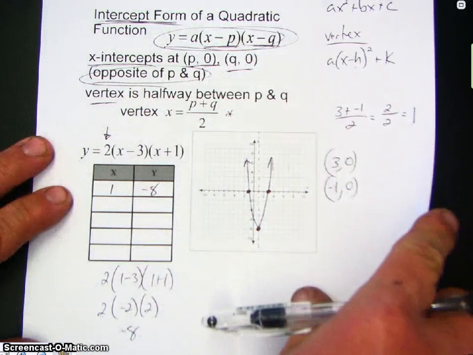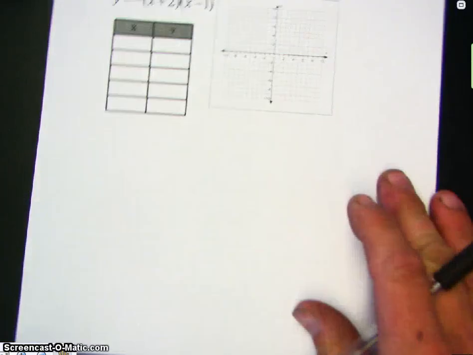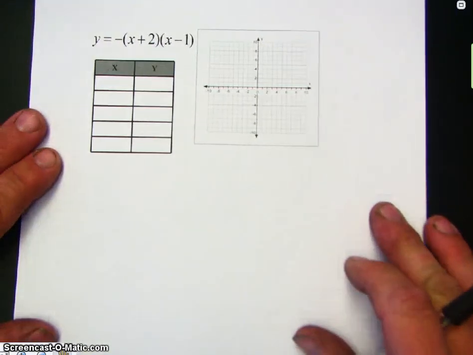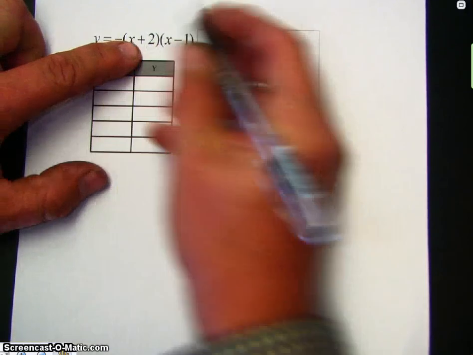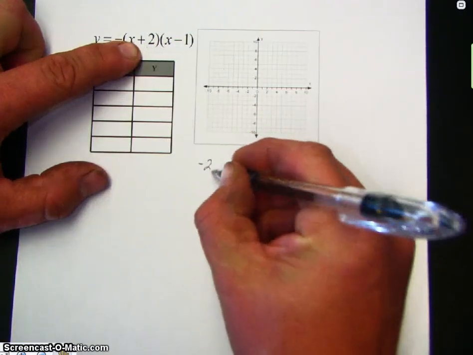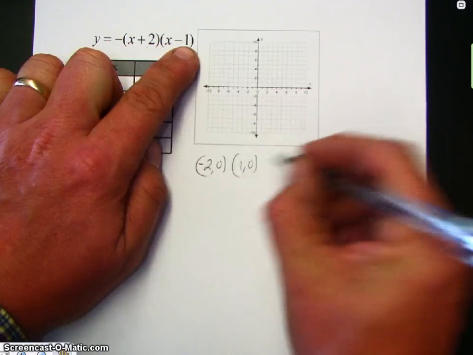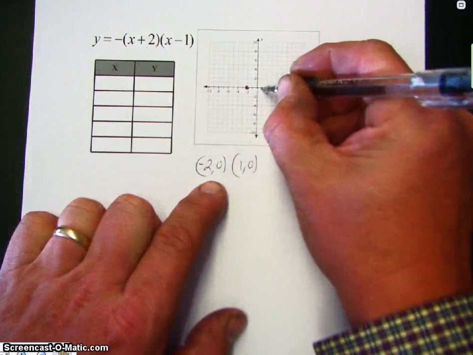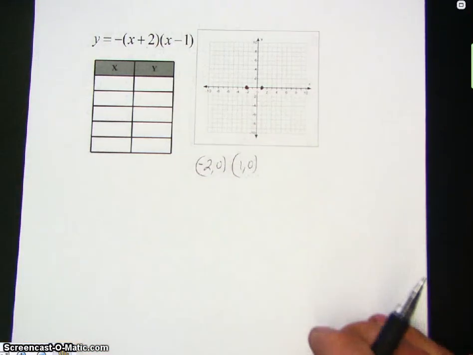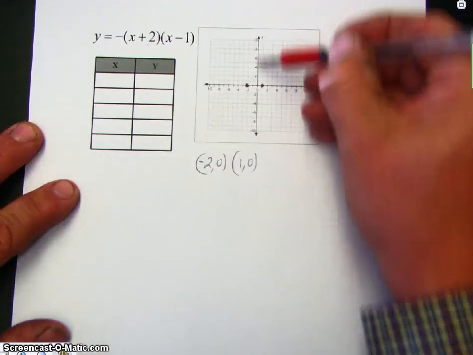Let's do one more example. All right, so let's do the x-intercepts. The opposite of 2 is -2. The opposite of -1 is 1. So I graph those two points, -2, 0 and 1, 0. Now my axis of symmetry is going to fall somewhere in between.